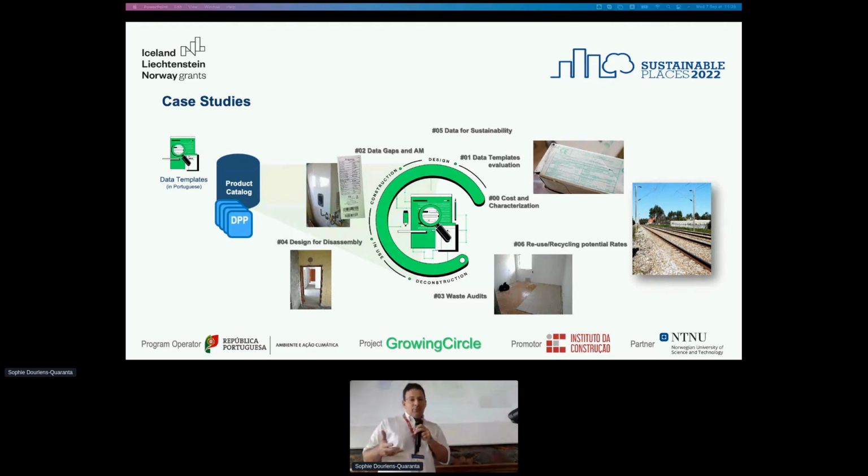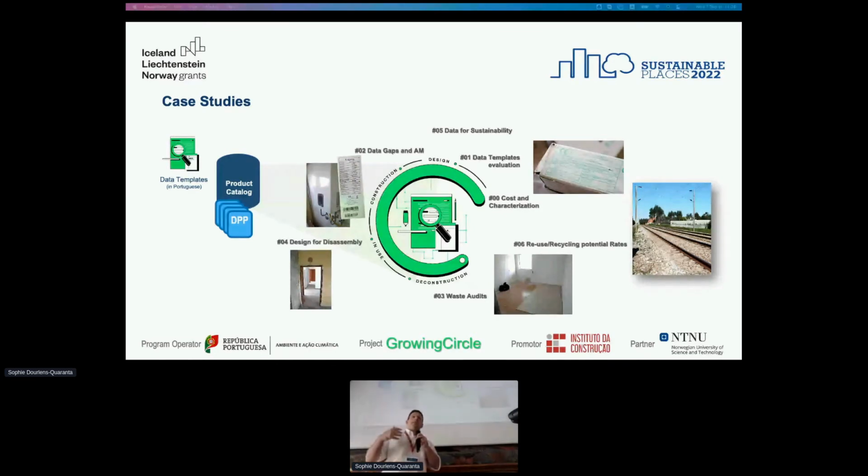And there was, I'm not talking about waste audits because that is what I'm going to detail here. We had also designed for disassembly, but it was relevant for the public owner also to identify what could be, or what was already in the process, that could be disassembled and what could be improved in the refurbishment.